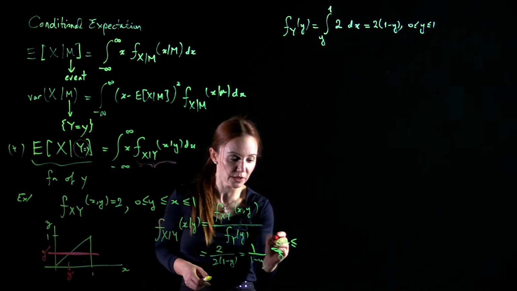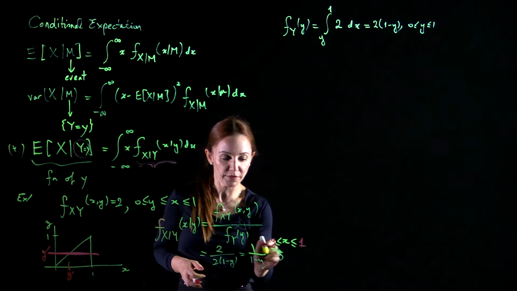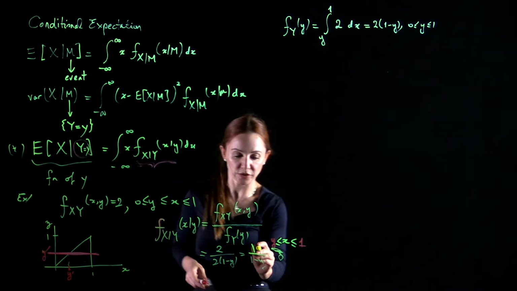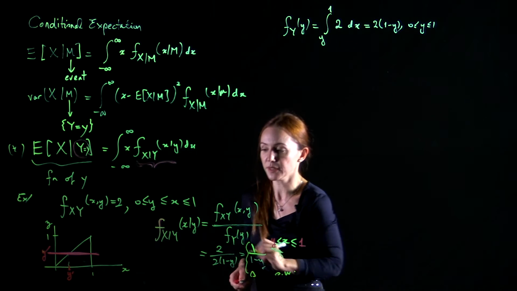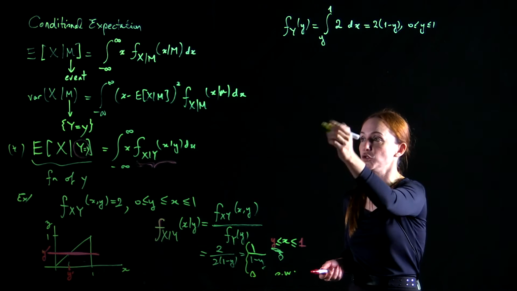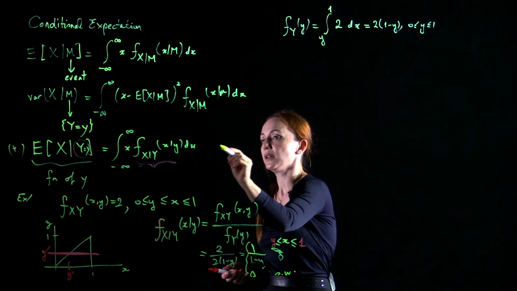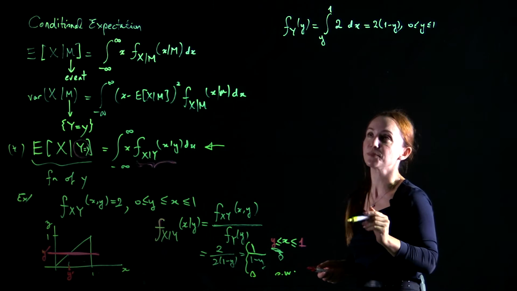So when x is between y and 1, we have this conditional density 1 over 1 minus y, and 0 otherwise. So that is the conditional density.